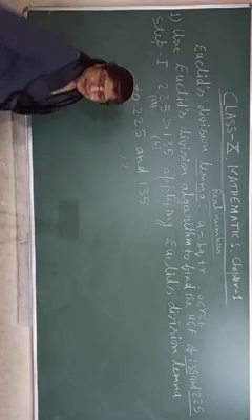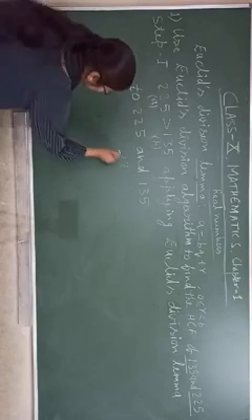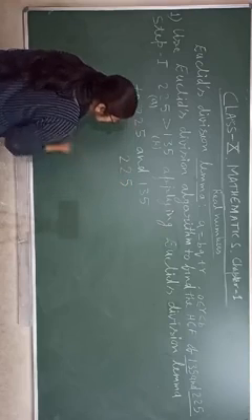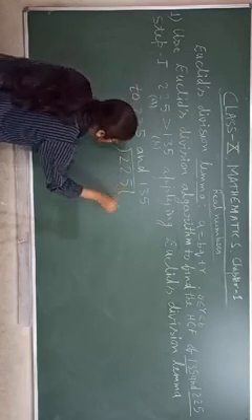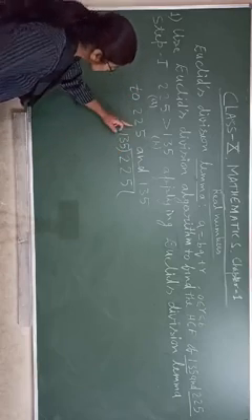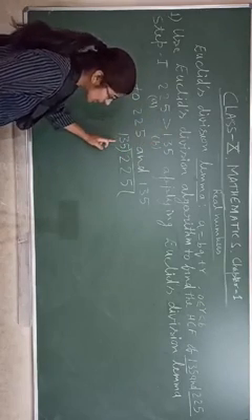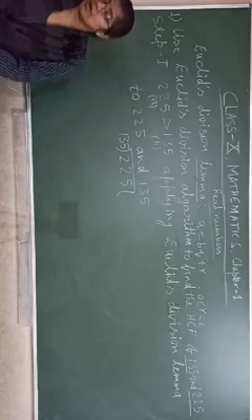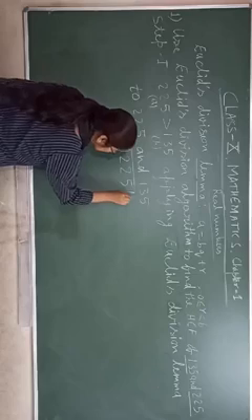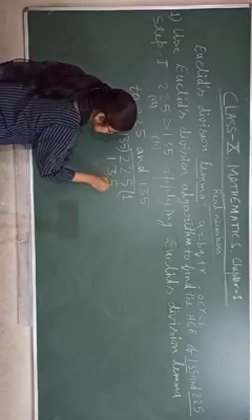225 divided by 135. Focus on this one: the greater number divided by the smaller one. How many times does it divide? 1 time, so 135.